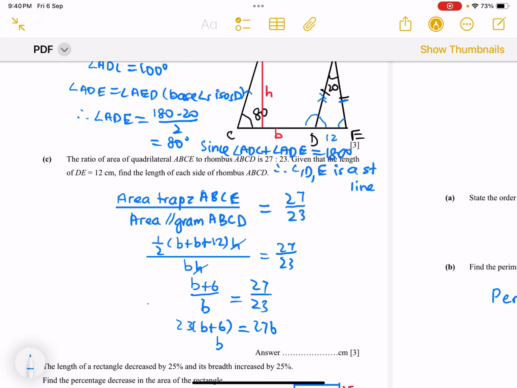So we solve it and we find that b is 34.5. And that is the length of the rhombus. Length of each side of ABCD is 34.5 cm.